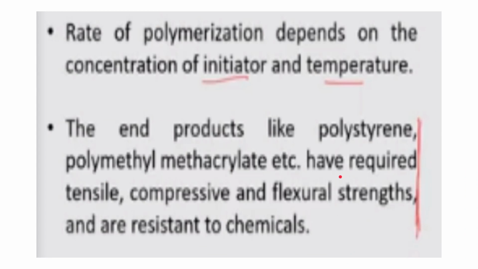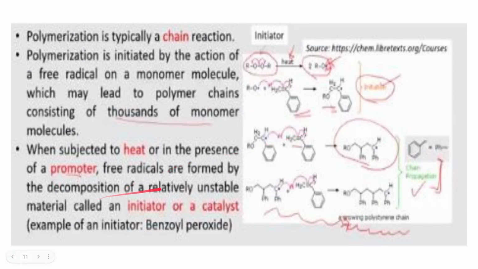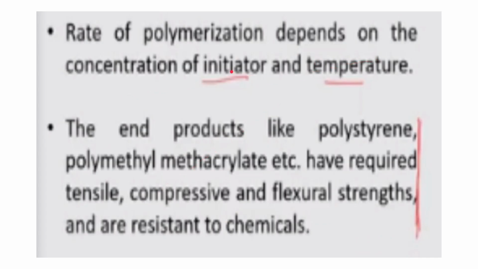The rate of polymerization depends on the concentration of initiator and temperature. The more initiator, the higher the rate of polymerization, and likewise the promoter, that is temperature. Both are directly proportional to the rate of polymerization.